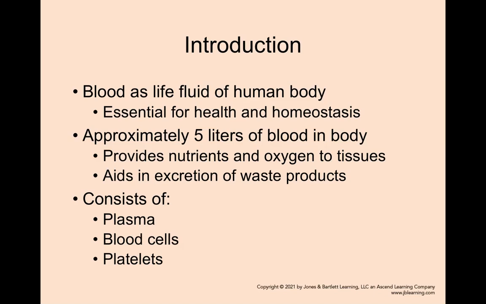The plasma carries blood cells as well as the antibodies, nutrients, electrolytes, hormones, lipids, and waste products all around the body. It is the most abundant protein with albumin, and it helps to maintain osmotic pressure in the blood vessels.